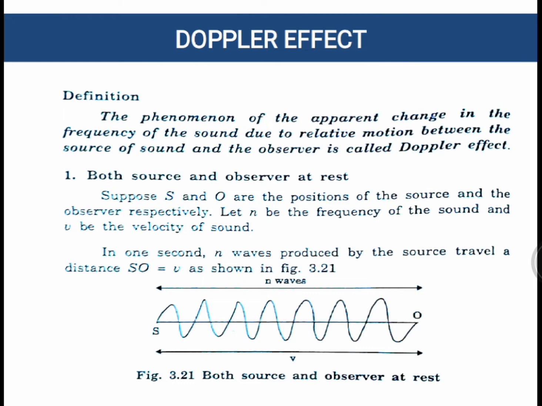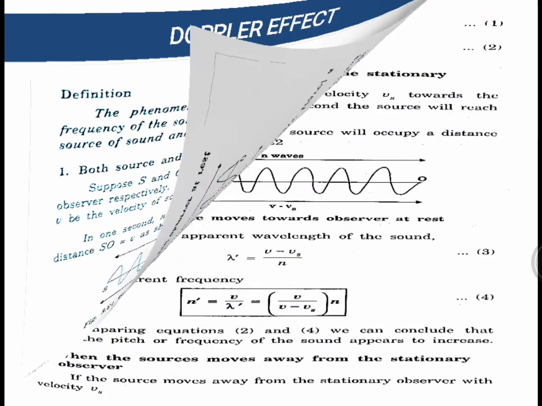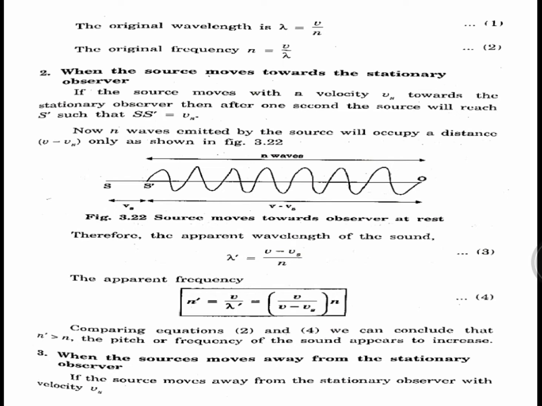In 1 second, N waves produced by the source travel a distance SO, which is equal to V, as shown in the figure. So from this we can find the original wavelength of the sound wave, lambda equals V by N, equation 1. The original frequency N equals V by lambda, equation 2.